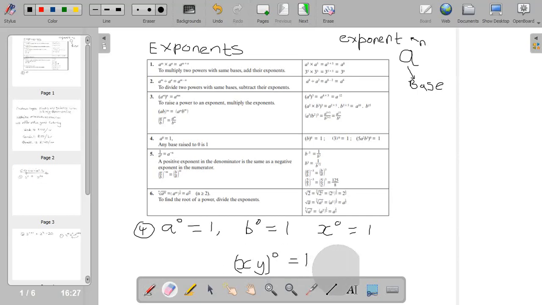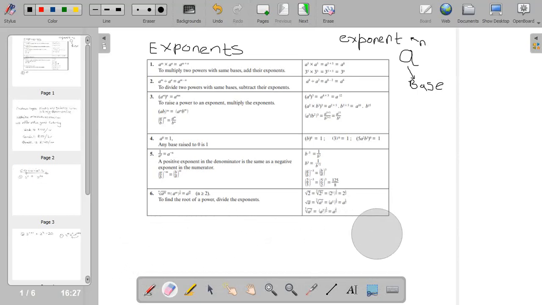Let's move to rule number 5. Rule number 5 says if we have 1 over a exponent n, our answer will be a exponent minus n.